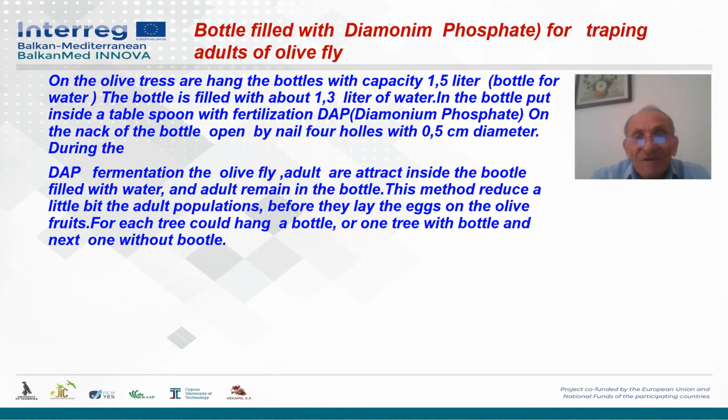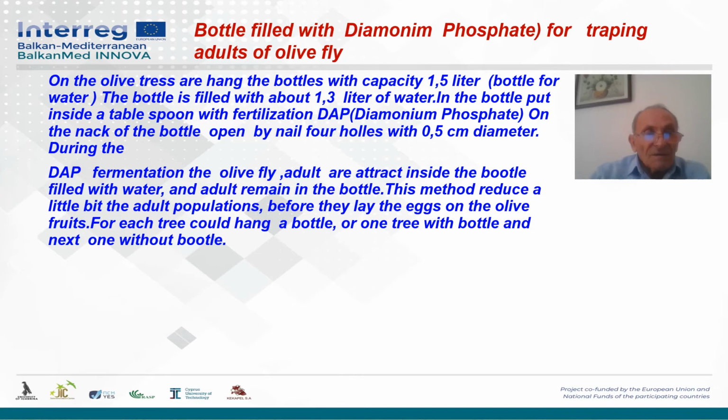The bottle is filled with about 1.3 liters of water. Inside the bottle, put a tablespoon of the fertilizer diammonium phosphate. On the neck of the bottle, 4 holes are opened with a nail.